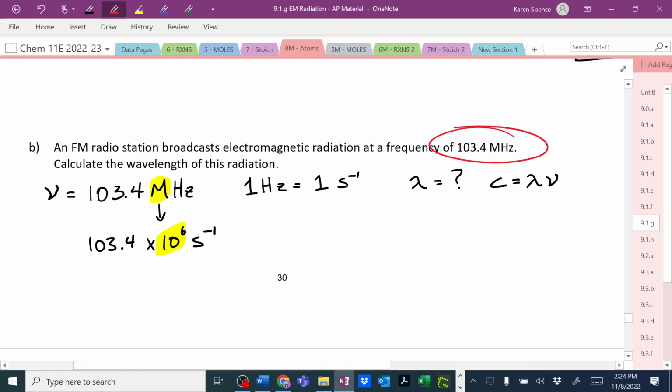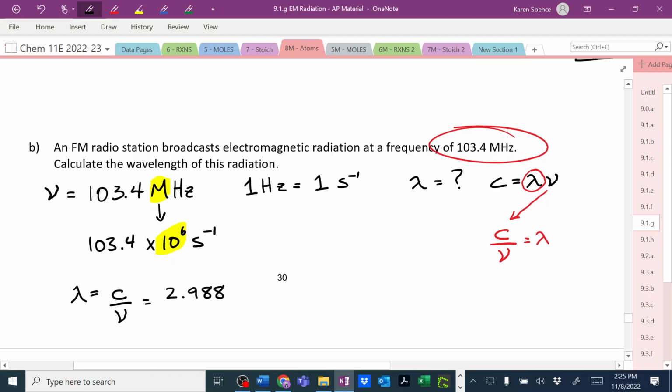I want this guy all by itself, so I'm going to move the nu from the top on the right to the bottom on the left, so it becomes c over nu is equal to lambda. And then we have lambda is equal to c over nu. I'm going to put it in a straightforward left to right sentence.